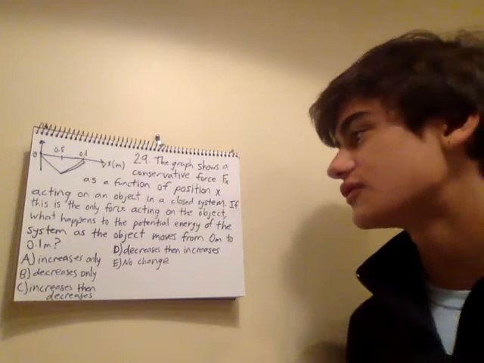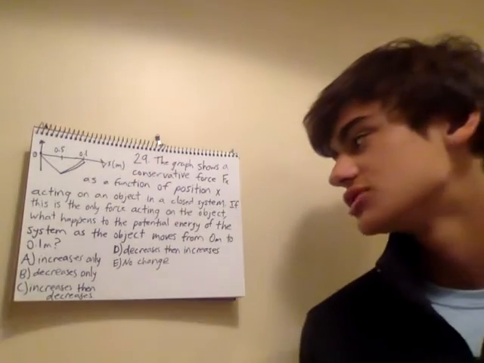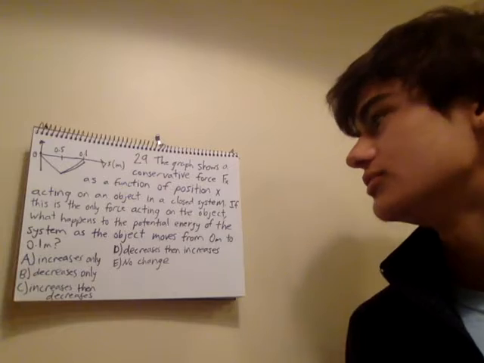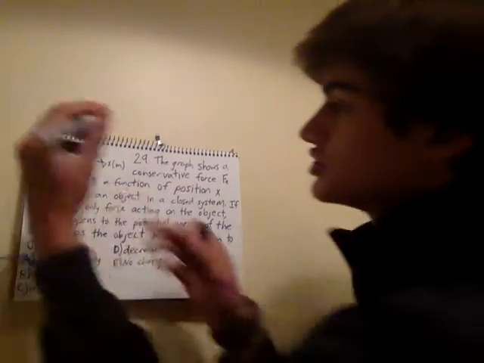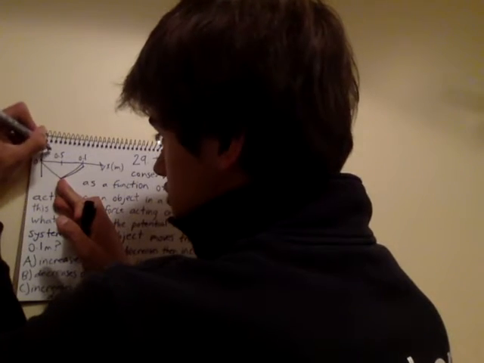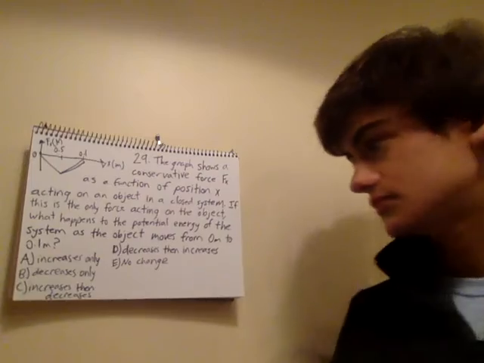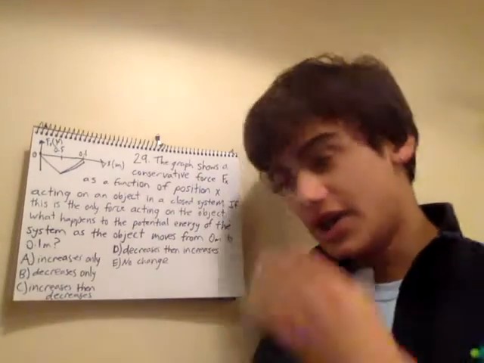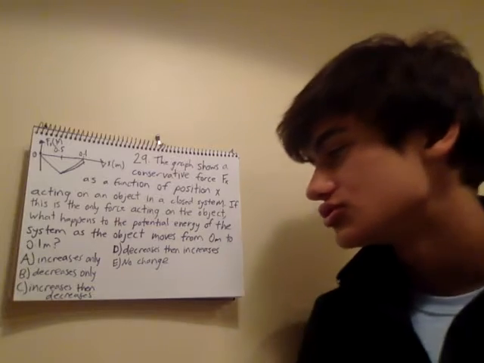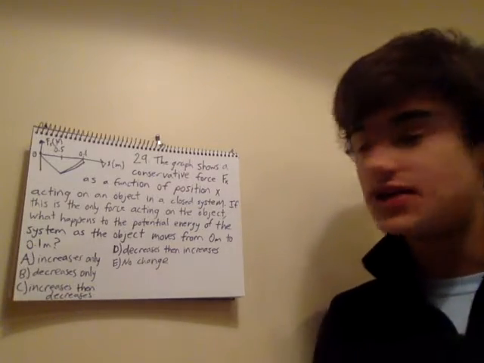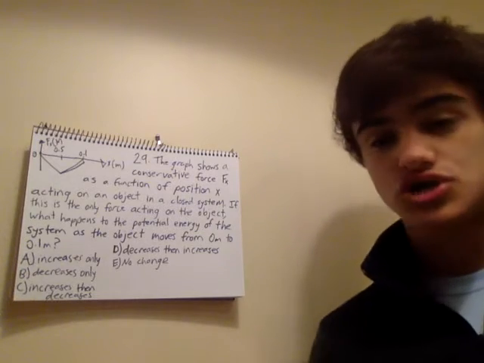If this is the only force acting on the object, what happens to the potential energy of the system as the object moves from 0 meters to 0.1 meters, as shown on this graph, which should be force in newtons? Our options are A, it increases only; B, it decreases only; C, it increases then decreases; D, it decreases then increases; and E, no change.